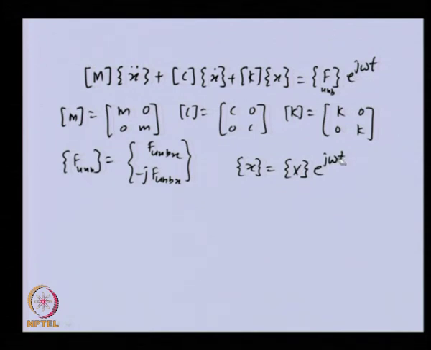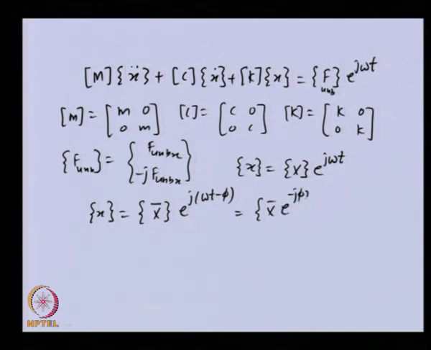In this case, the phase is taken care of inside the capital X. If we consider the phase separately, let us say x r is the real quantity, and if we take the phase inside, this can be written as e to the minus j phi, which can be brought inside, and e to the j omega t.